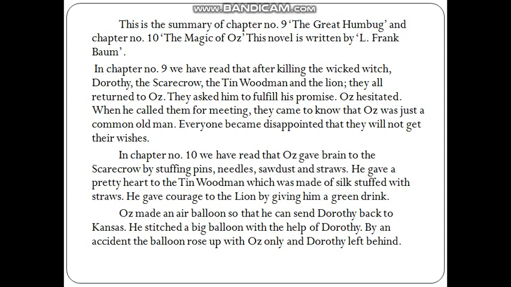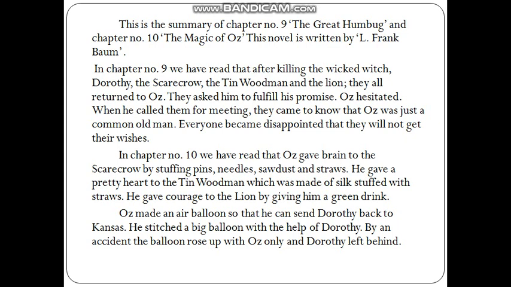Oz hesitated. When he called them for meeting, they came to know that Oz was just a common man. You don't need to add what happened in that meeting room. How did they come to know about the reality of Oz? No. Just write in limited words. Then everyone became disappointed that they will not get their wishes.